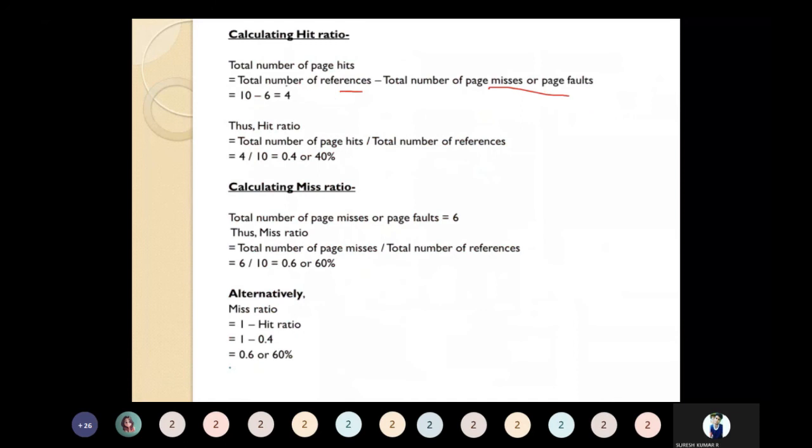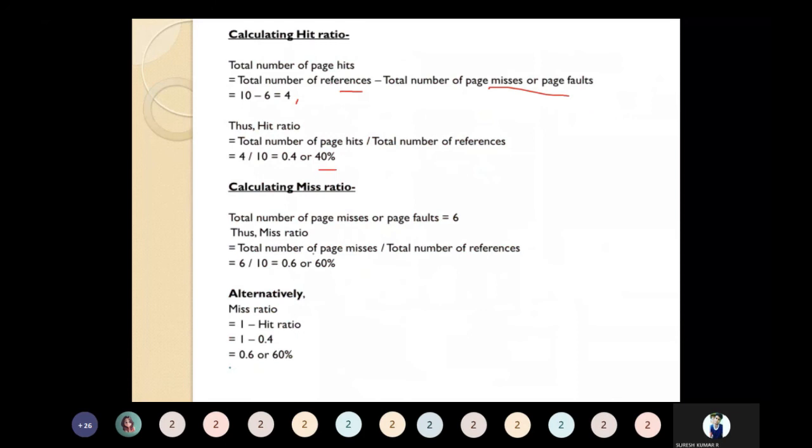We know there are 10 references and the page faults are 6, so 10 minus 6 gives 4. The hit ratio formula is the total number of page hits divided by the total number of references. That is 4 divided by 10, which is 0.4, or 40%. So 40% is the hit ratio.